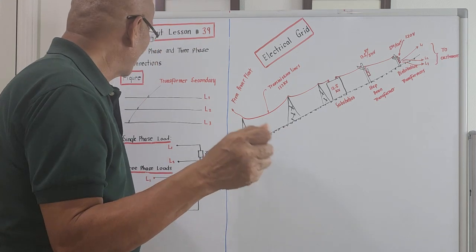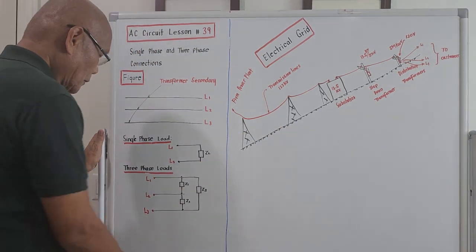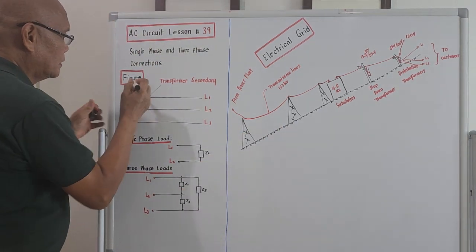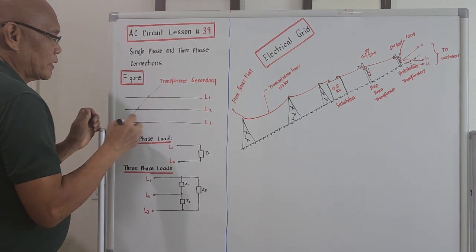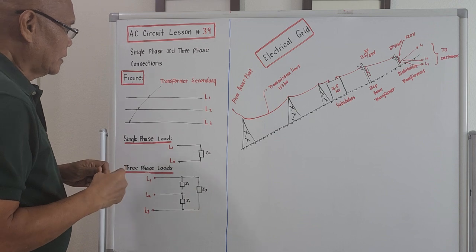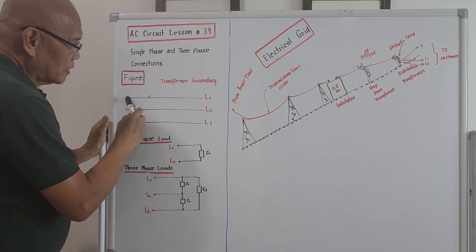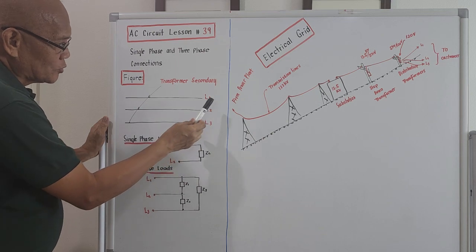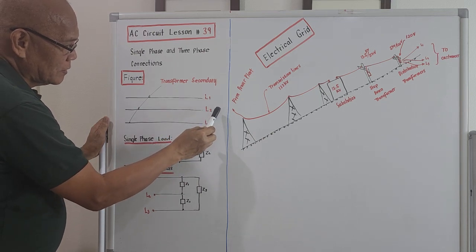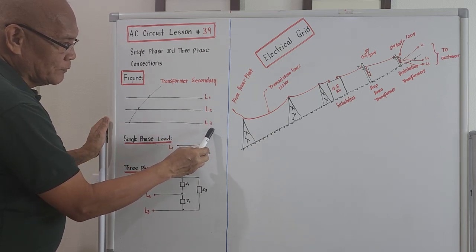Let's try to bring out a figure. This will be the big figure. I will be drawing three lines here: line number 1, line number 2, and line number 3.